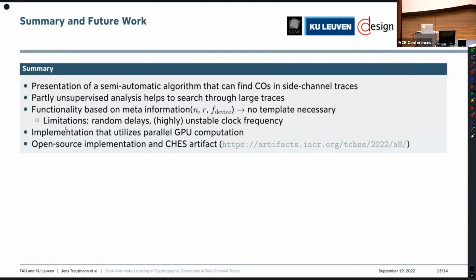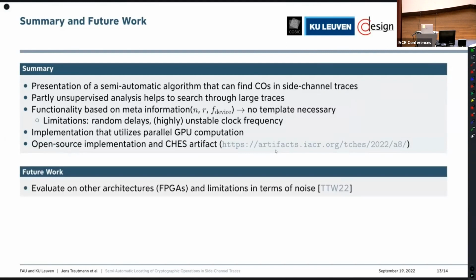Our implementation utilizes parallel GPU computation, which means that we are highly scalable, and we can also utilize data centers, for example, to really speed up the process. Also, the open source implementation and the CHES artifact are available, and we also have some Jupyter notebooks which can interactively show you all the steps I just showed you, and you can access that under the link of this artifact.